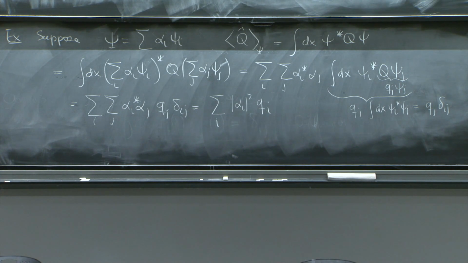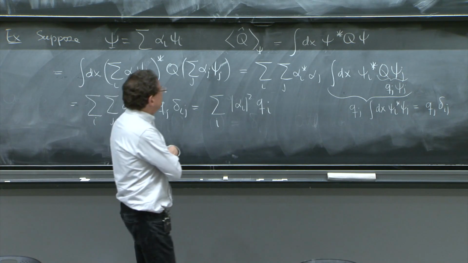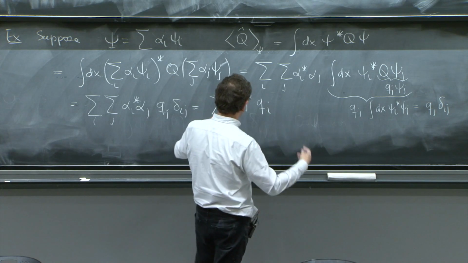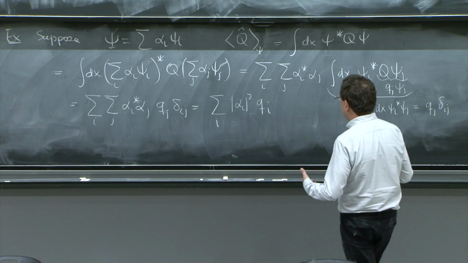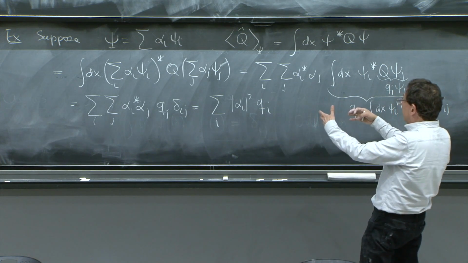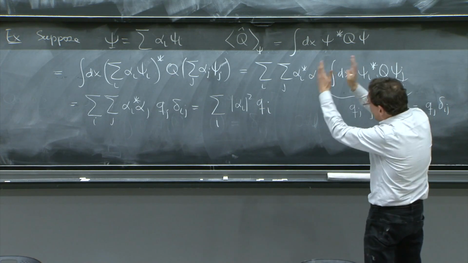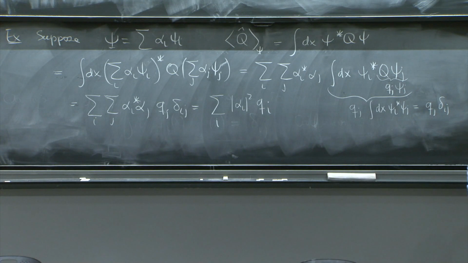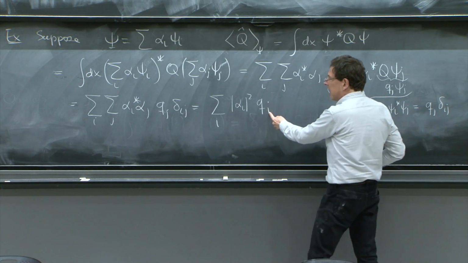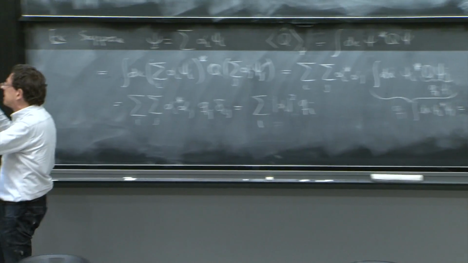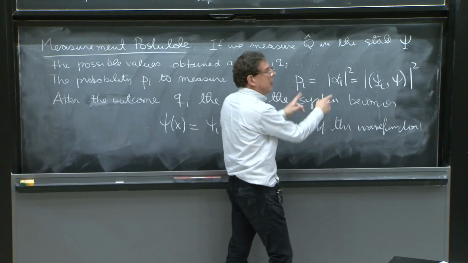Now, why is that? Look, how did we define expectation values? We define them as the sum of the value times the probability that this value happens for a random variable. So here a random variable is the result of the measurement. And what are the possible values? The q_i's. And what are the probabilities that they happen? P_i.